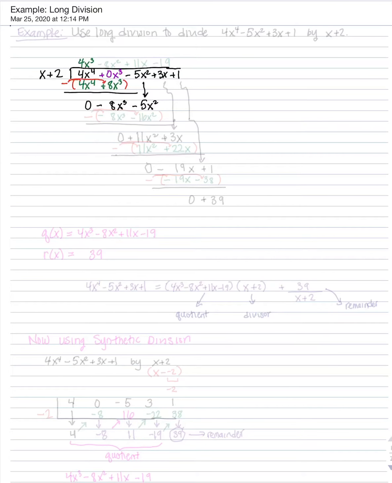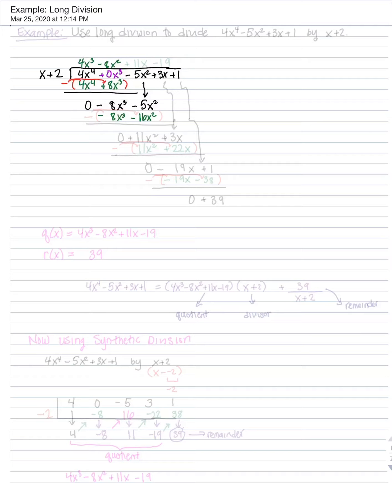Now, what times x gives us negative 8x cubed? That means we should have negative 8x squared. So then this gives us negative 8x cubed minus 16x squared.